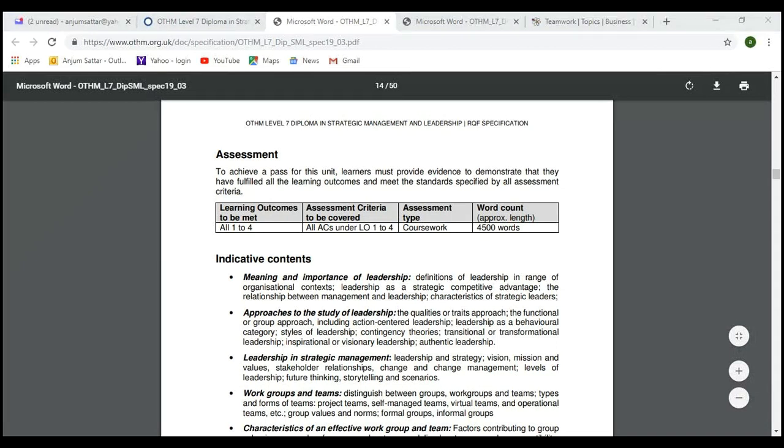Last lesson we discussed leadership styles: transformational leaders, transactional leadership style, autocratic, democratic, and free-rein leadership.